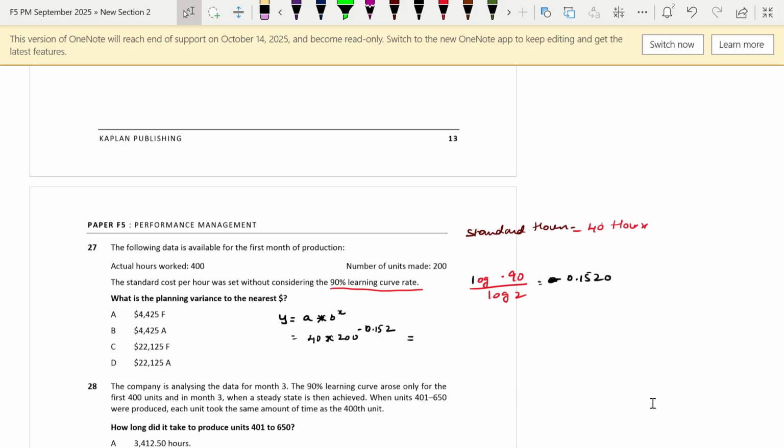It comes to how much? 17.877. You got the same thing? Yeah, 17.877 hours per unit.